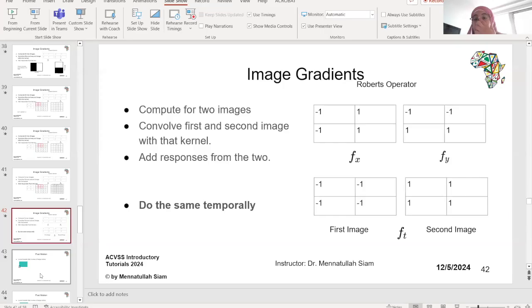The temporal gradient is just like when we did the image gradients, the spatial ones in X and Y: we had a filter, the Sobel filter, and we did the convolution on the image, and then we ended up with the gradients in X and in Y. We're gonna do something very similar, except that now we're including both images, because it's temporal, between the first and the second. So FT is the change in intensity, but across the time dimension.